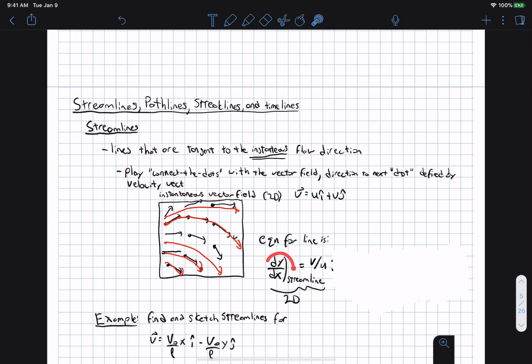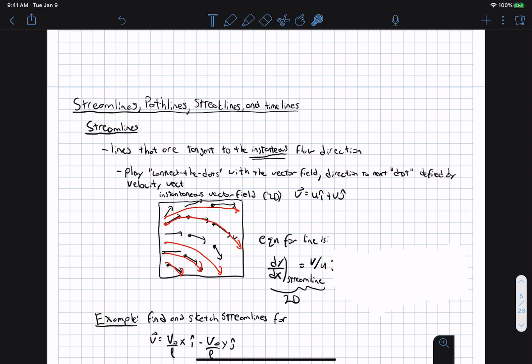So the slope of this line, the change in y divided by the change in x, is the ratio of the height of this velocity vector to the horizontal distance. That would be the y component of the velocity vector divided by the x component of the velocity vector.